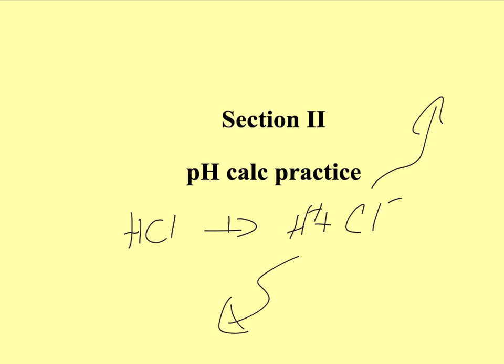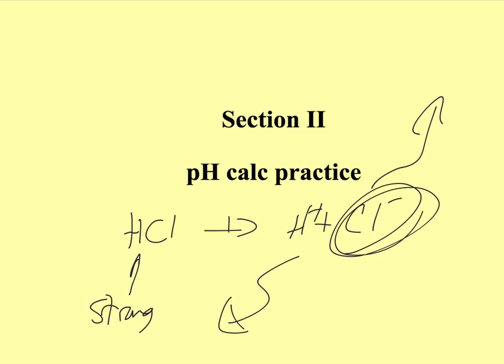So the fact that this is strong means that this comes apart easily, and therefore Cl's don't really like H's. Cl's and H's don't love each other. That's the nature of a strong acid.